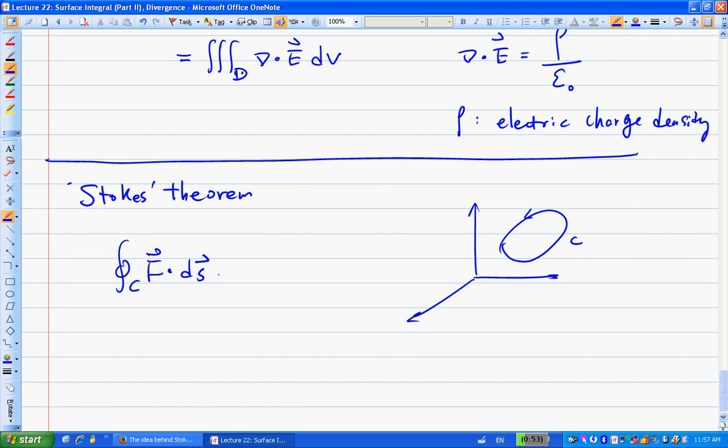Let me write down the theorem first, and then we'll explain it a little better.